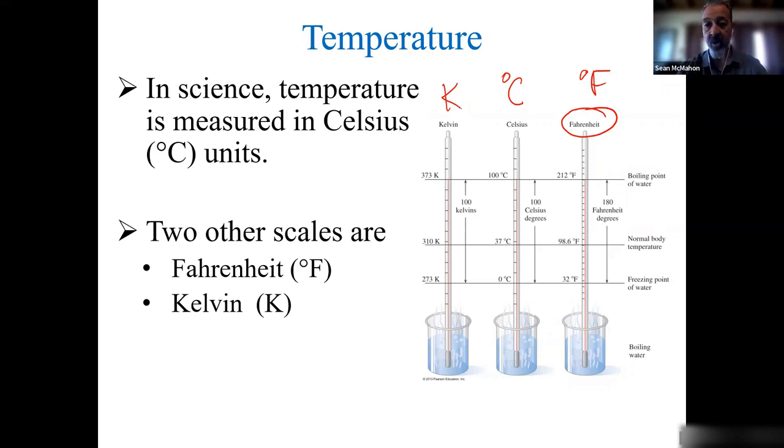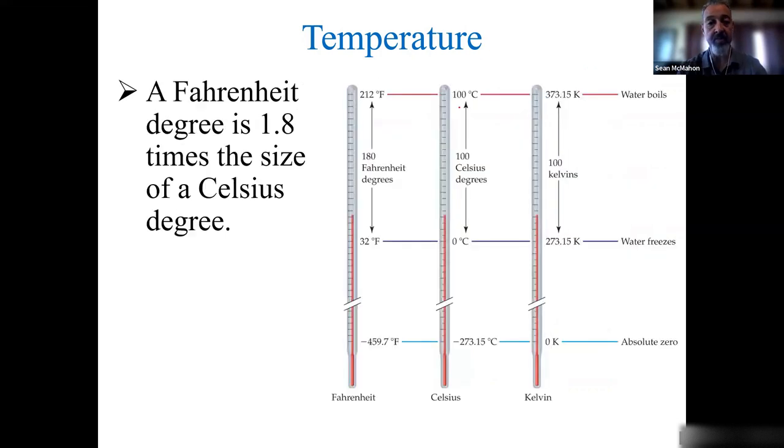Now I'm showing boiling water and I'm showing where the thermometer is. But basically, what I wanted to show is a Fahrenheit degree is 1.8 times the size of a Celsius degree. What do I mean by that? So here's my Fahrenheit. Here's my degree Celsius. Water's freezing point is 0 degrees Celsius, okay?